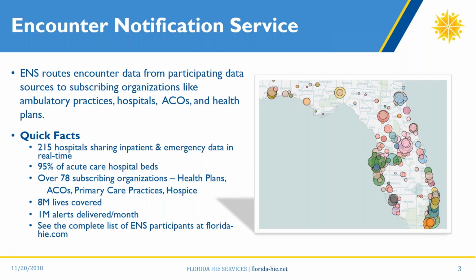I laugh when I talk about the number of subscribing organizations, because we have 78 subscribing organizations, and people are like, 78? That doesn't seem like very many. But when you take a look at the reach of those organizations, these are organizations at a higher level. We have health plans, ACOs, primary care providers, hospice, hospital systems. So we have over 50 hospitals that are actually receiving data back.